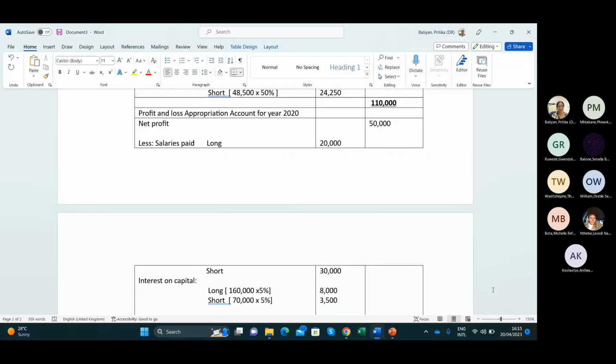Okay. So how much loss did they make during the year 2020? How much loss in the partnership firm?